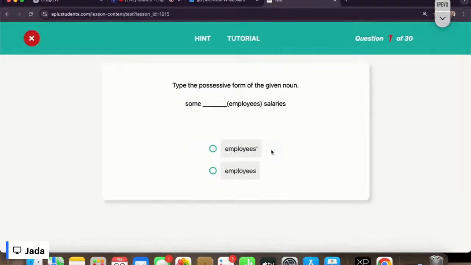Alright, so some employee salaries, type the possessive form of the given noun, first to second.